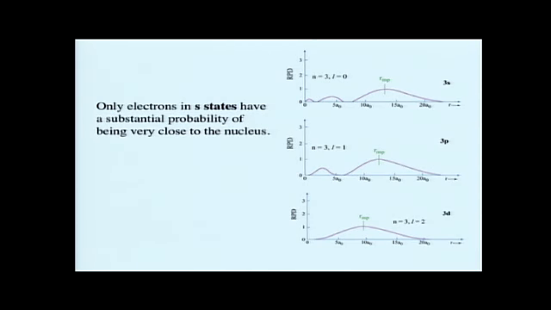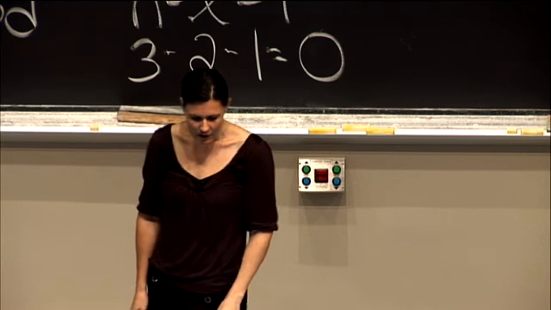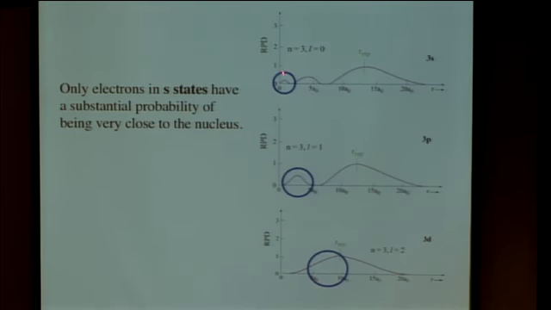If we compare L increasing here, a 3s to a 3p to a 3d, what we find is that it's only in the s orbital that we have a significant probability of actually getting very close to the nucleus. If I circle where the probability gets somewhat substantial here, you can see we're much closer to the nucleus at the s orbital than we are for the p, and than for the d.